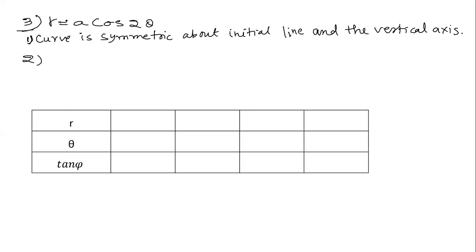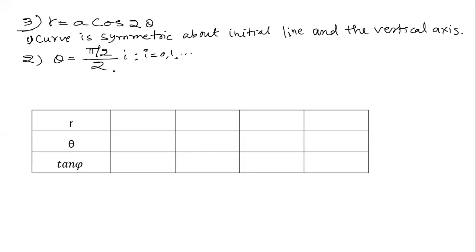Then r to the power n equals a to the power n into cos of m theta. n is equal to 1 and m equal to 2. So we have to divide each quadrant into two equal parts. Different values of theta will be equal to, now each quadrant means pi by 2, and that is to be divided into m, that means two equal parts, multiplied by i. So here i is equal to 0, 1, like that.